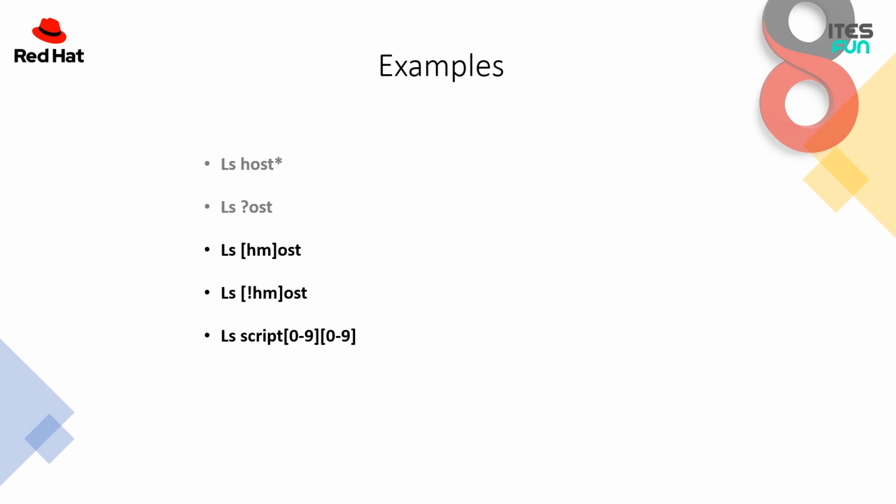Also useful is this one, ls script square brackets 0 to 9, and again 0 to 9 in square brackets, and that means it's going to show all scripts followed by any 2-digit number. Let me show you this last one because it's pretty cool.